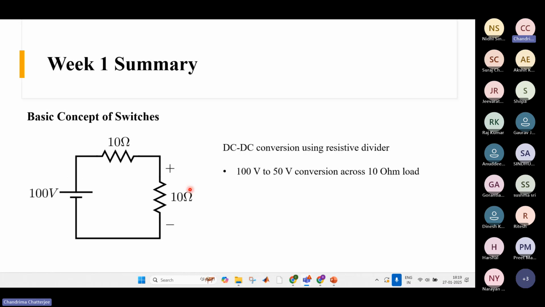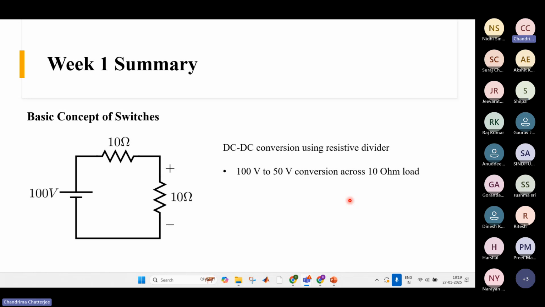So what is the efficiency now? If efficiency is equal to output power by input power, what is your efficiency now? It's 50%, right? So you can say 50% efficiency is not good.